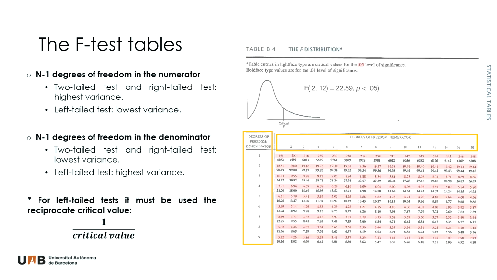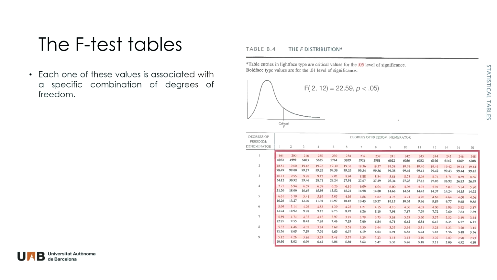They correspond to the denominator's degrees of freedom. In this case, for a two- and right-tailed test, the lowest variance is the denominator, and in a left-tailed test, the highest variance is the one corresponding to the denominator. In the table, we can find the F values. Each one of these is associated with a specific combination of degrees of freedom.